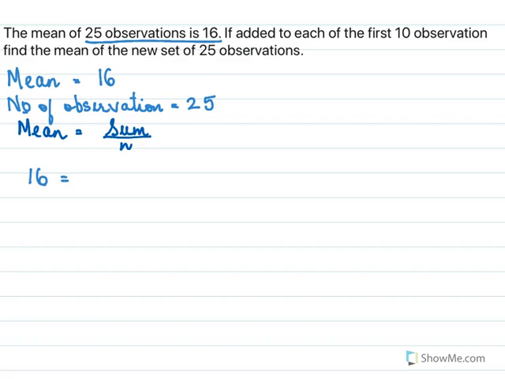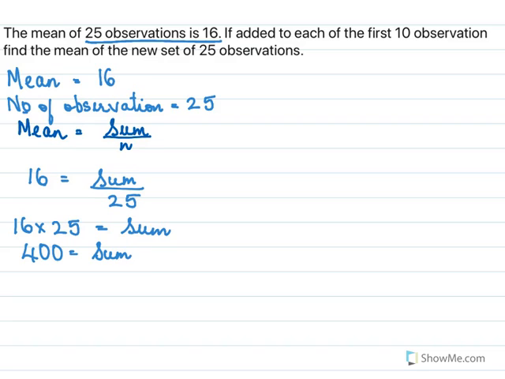And mean is 16. This is the sum over number of observations 25. So 16 into 25 equal to sum, which is 400. So 400 equal to sum of 25 observations.